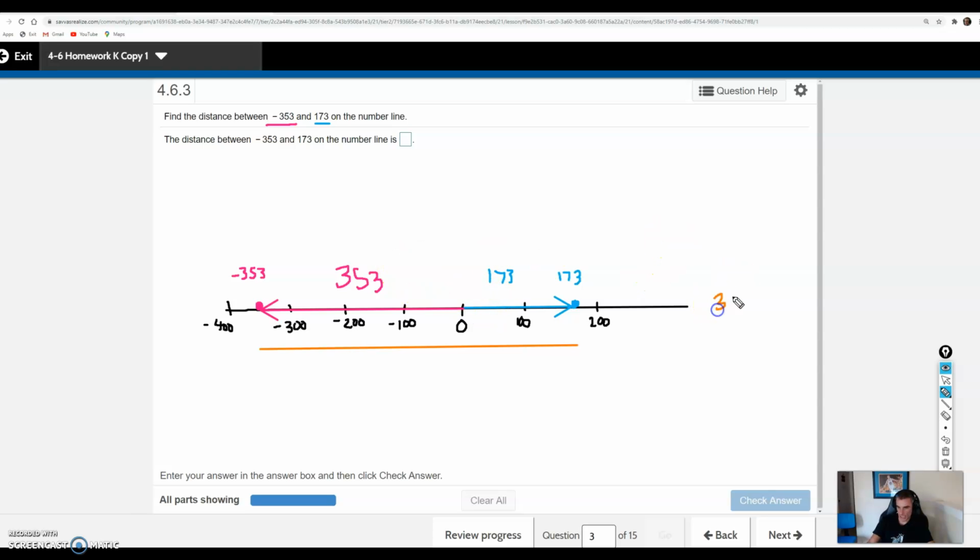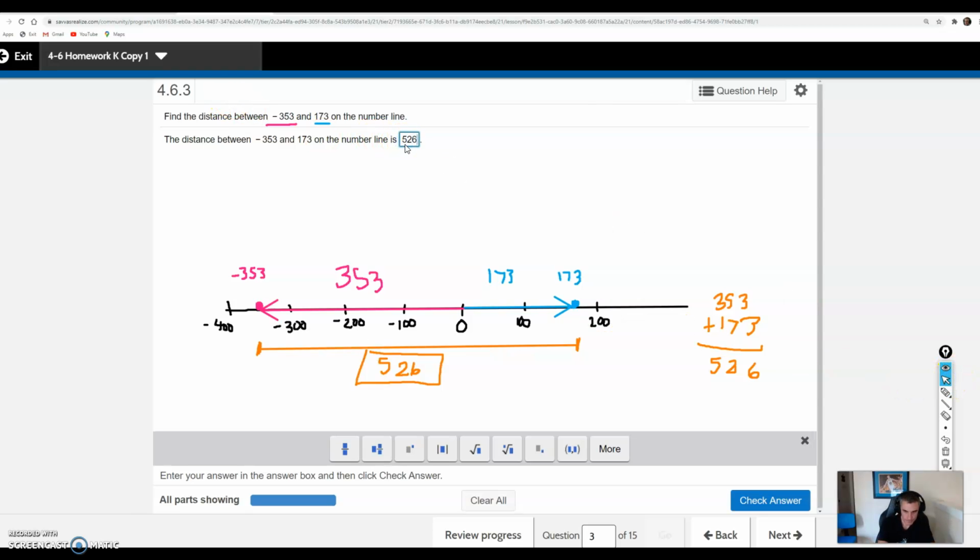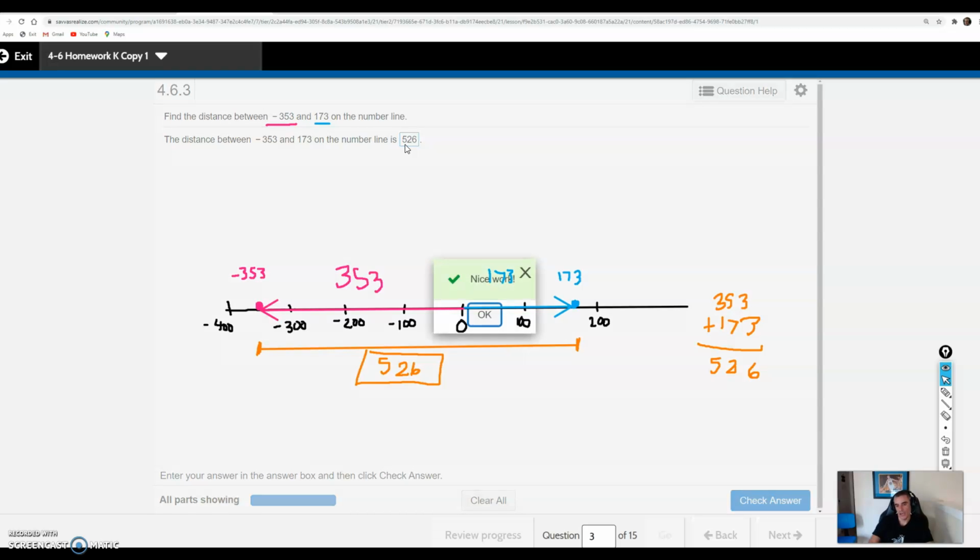So over here, I'll just add the 353 plus 173. 3 plus 3 is 6, 5 plus 7 is 12, carry the 1, 526. So the distance all the way from this dot to this dot is 526 units. And again, we don't ever measure distance in negative numbers. Got it.